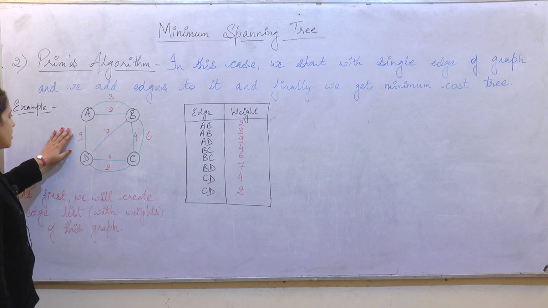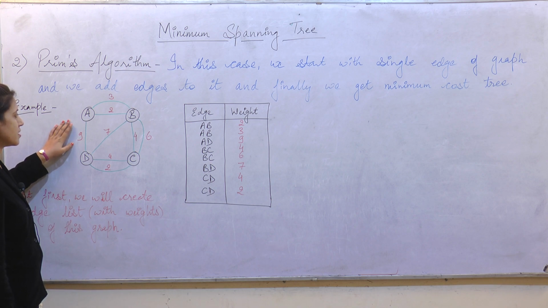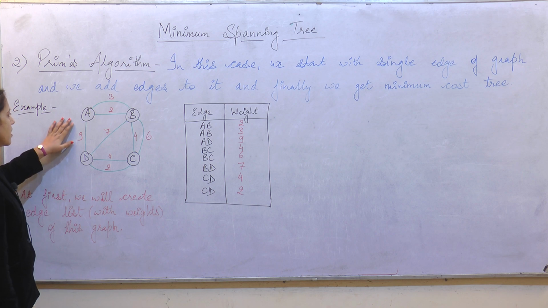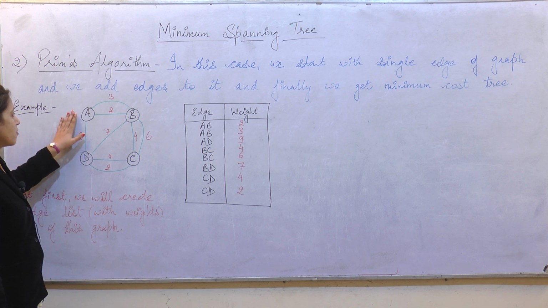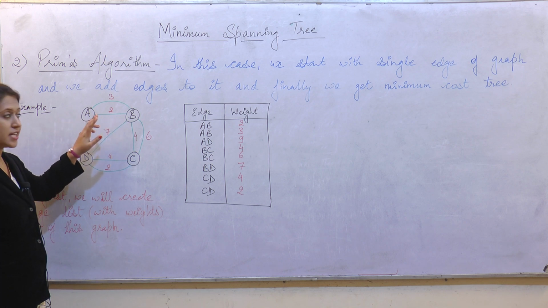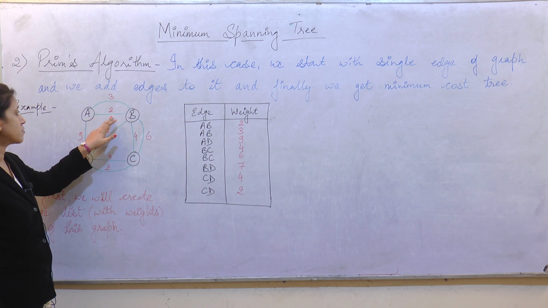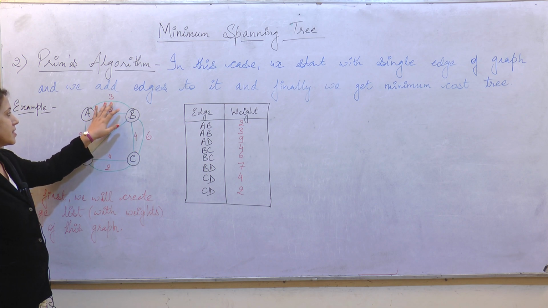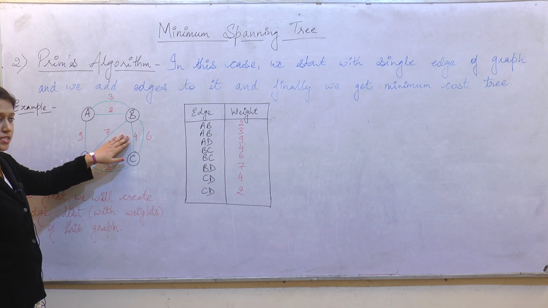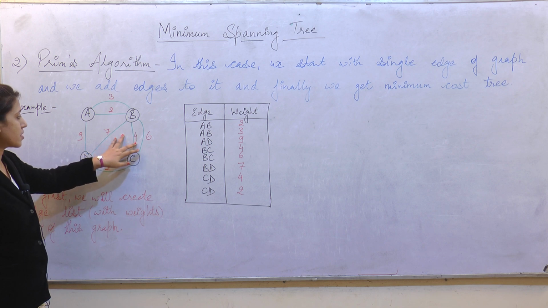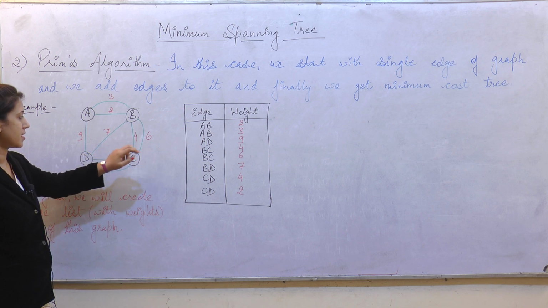This is a main spanning graph. Here we have 4 nodes A, B, C and D. From node A to B we have 2 edges, one with weight 2 and the other with weight 3. Similarly, from nodes B to C we have 2 edges, one with weight 4 and the other 6.